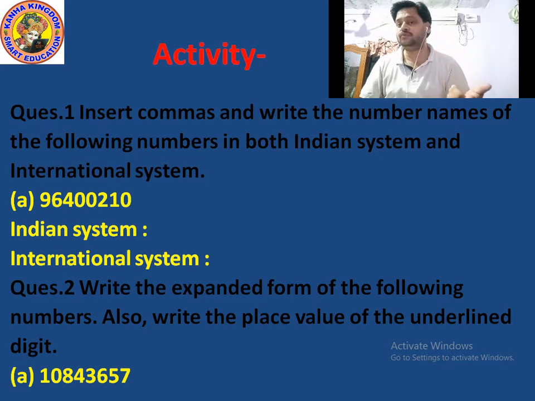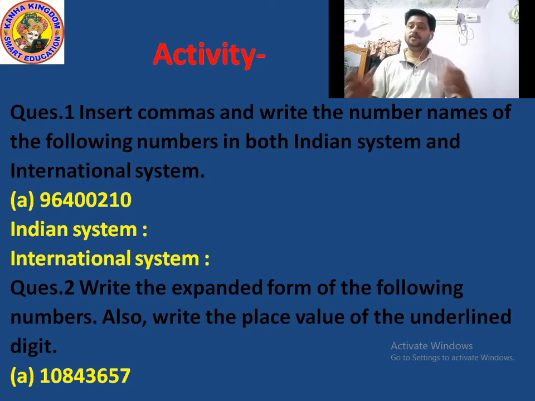Then again what you have to do, do it your own way. Now after this, which digit comes? 4, and after 4 comes 6, and after 6 you have to put it again, and finally 9.